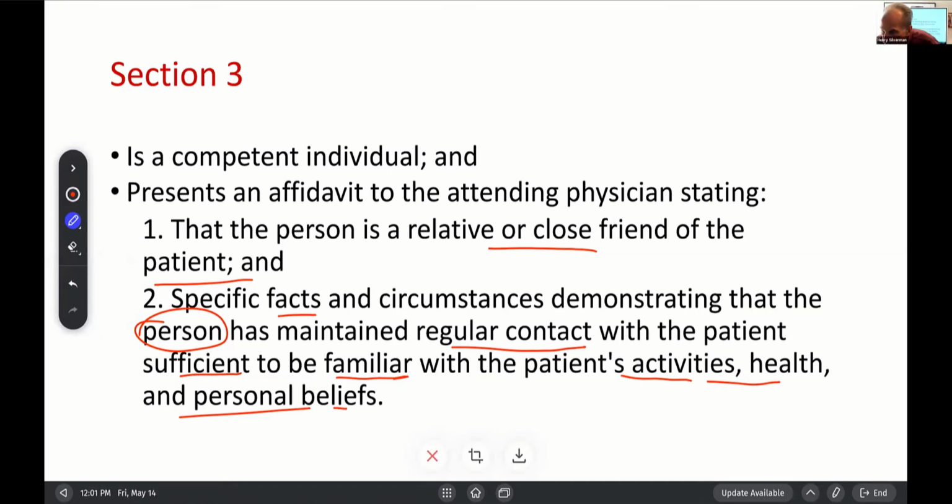Other thoughts? Can we ask the girlfriend if she's had regular contact and feels sufficiently familiar to be able to provide an affidavit? Well, yeah, we could. But would you still accept her statement that she feels comfortable?